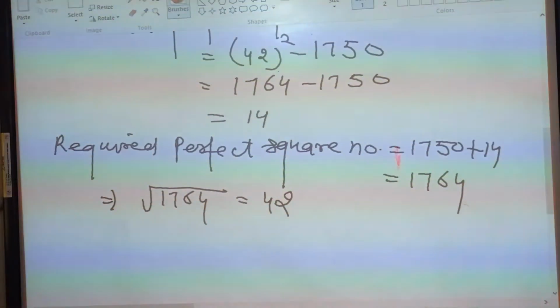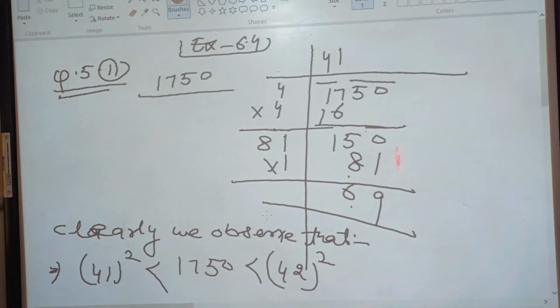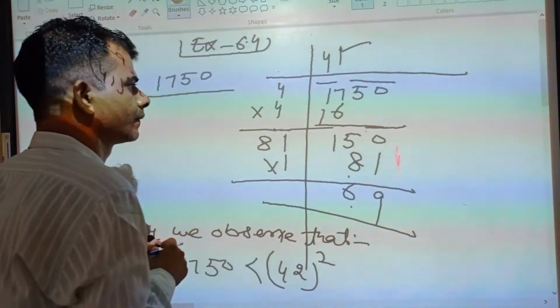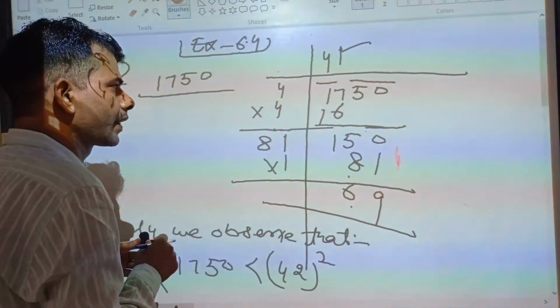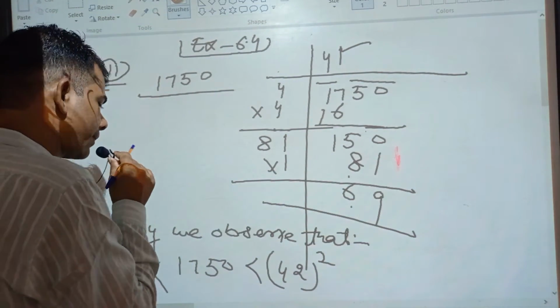How does it become 42? It is your 41 plus 1, and it is your perfect square number.